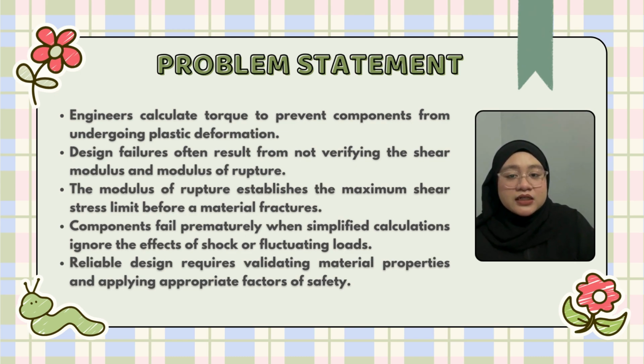Then, the modulus of rupture defines the absolute maximum stress a material can endure before fracturing, serving as the critical upper limit for shear stress in torsional designs. Last but not least, designs often fail when they operate too close to this failure region, particularly when simplified calculations ignore the higher stresses caused by fluctuating or shock loading.